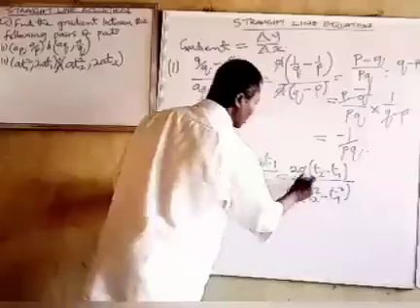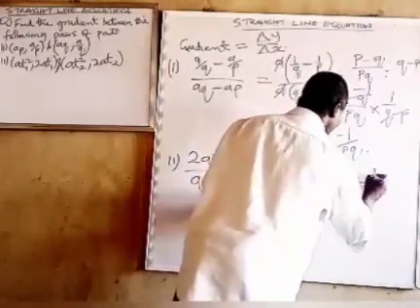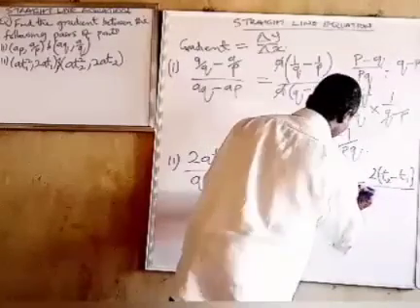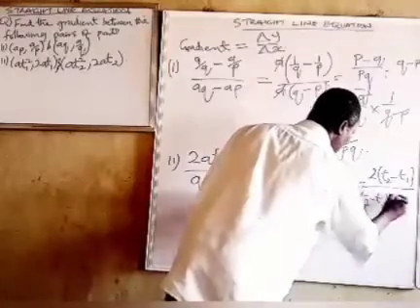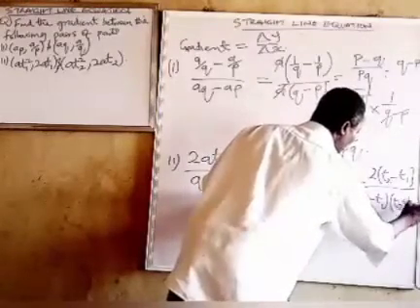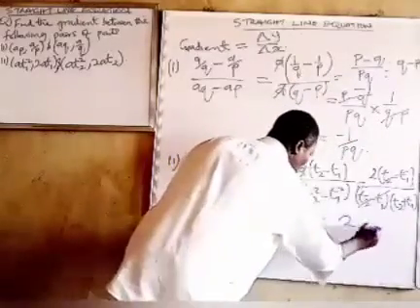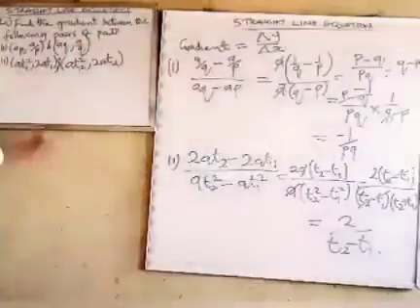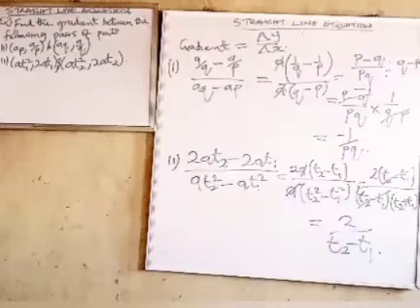So this one we cancel this. Let's continue factorizing. We are going to have 2 into t2 minus t1 over t2 minus t1 into t2 plus t1. So this one we cancel this. So our final answer is going to be 2 over t2 plus t1. That's the gradient for the second point. We have gotten that for the first point.